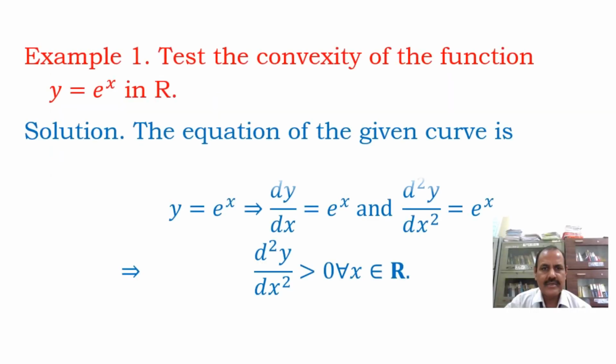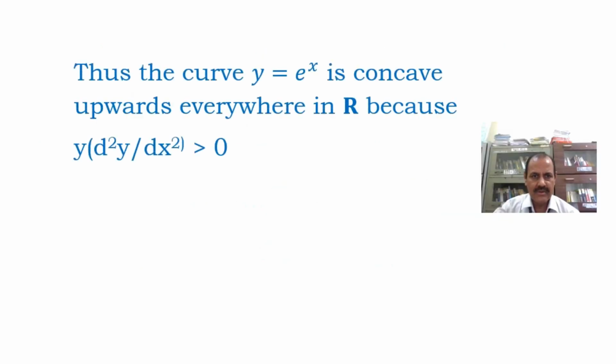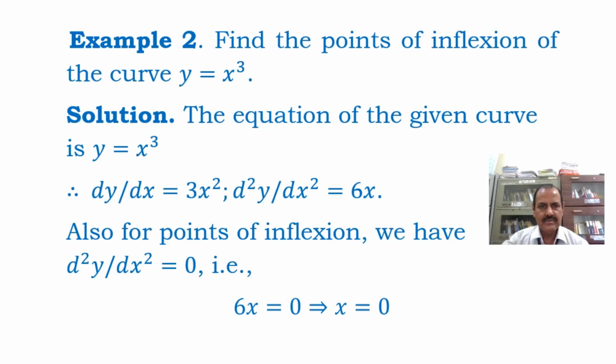Let us understand this concept by some examples. Example, y equal to e to the power x. Check this function for convexity. As we have learned earlier, we get the second derivative, which is e to the power x, which is always greater than 0. So the multiplication of y into the second derivative also becomes greater than 0. So this curve is a strictly convex function.